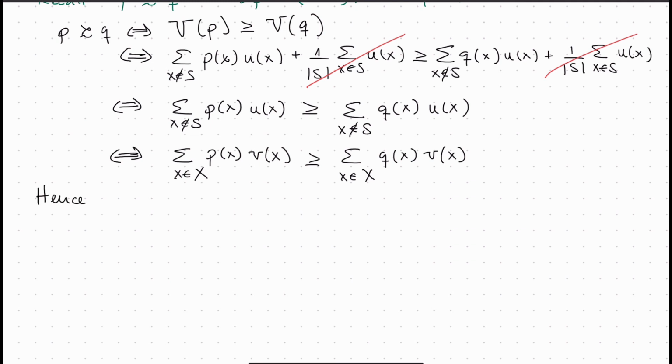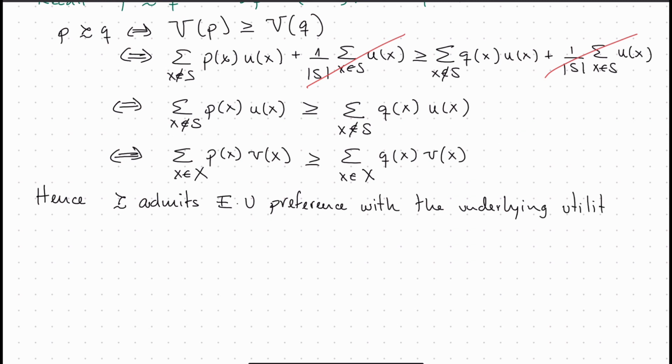Hence, this preference admits an expected utility representation with the underlying utility v over the set of alternatives X, and therefore this preference satisfies independence by the von Neumann theorem.